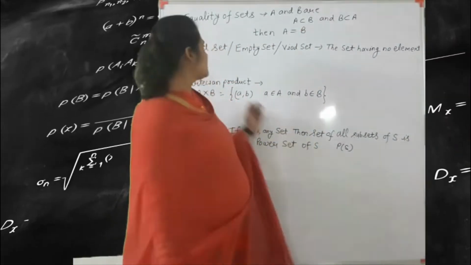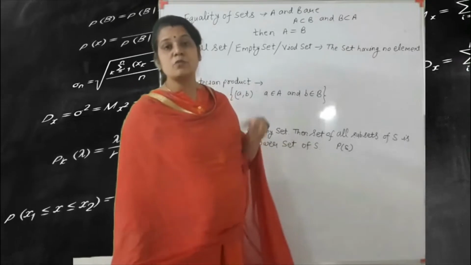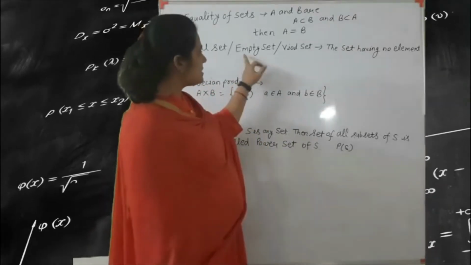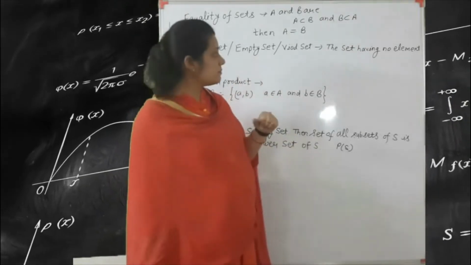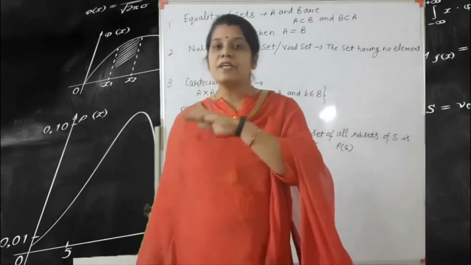Okay, next one is the null set. The other names are empty set or void set. That means the set having no element.